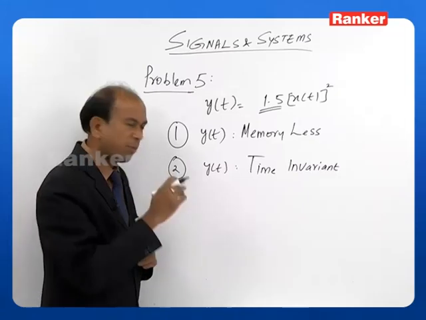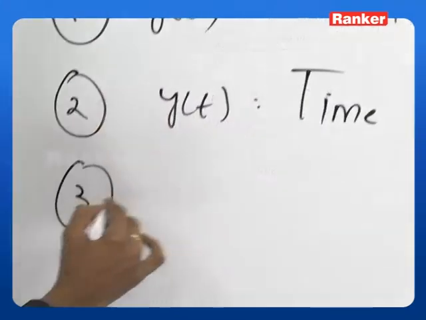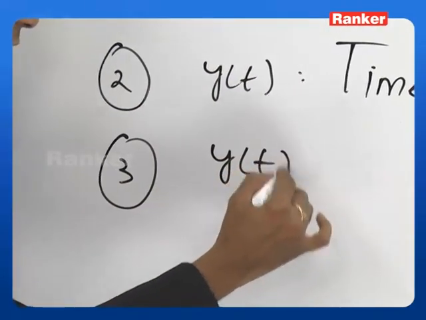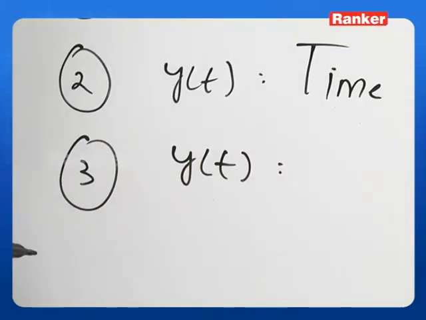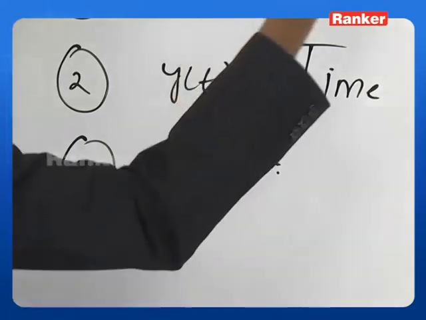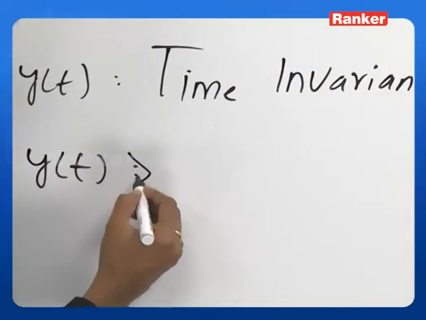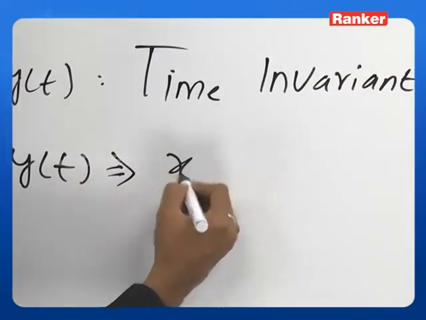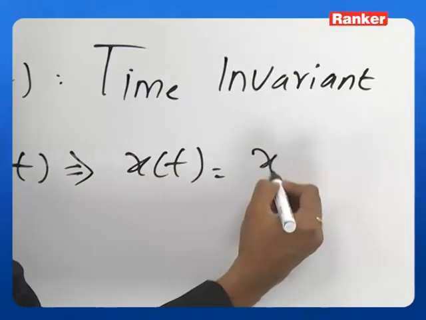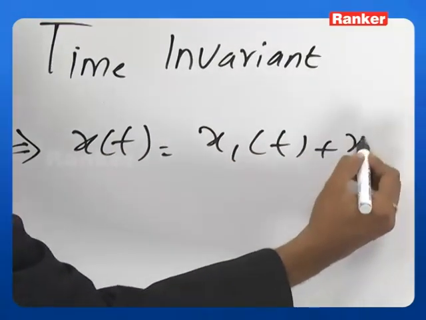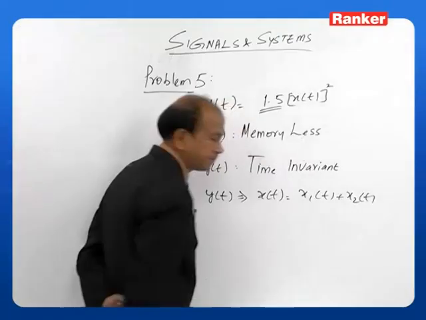Similarly, let us look at the third point, that is, we have to classify whether this is linear or non-linear. So, linearity, let us look at this first. Let us say x of t be written as x1 of t plus x2 of t.